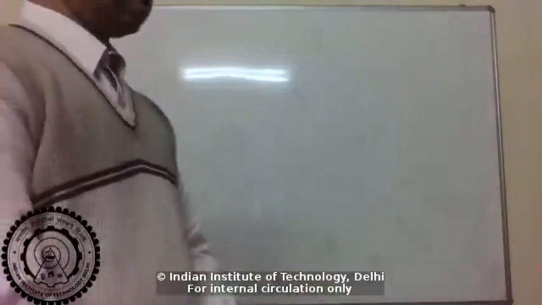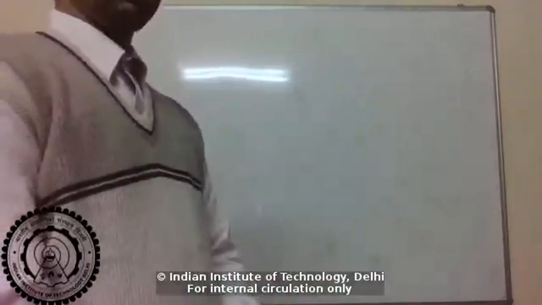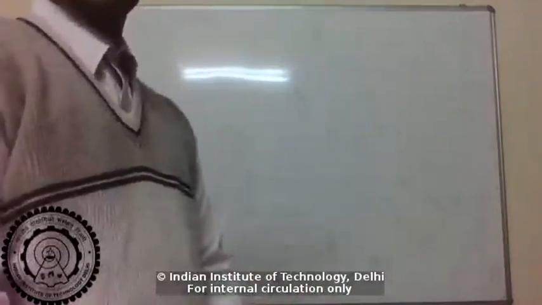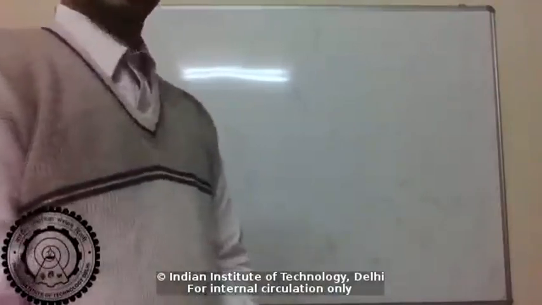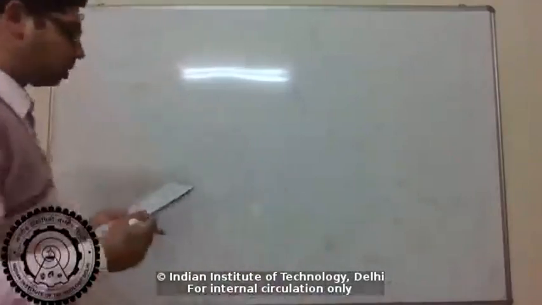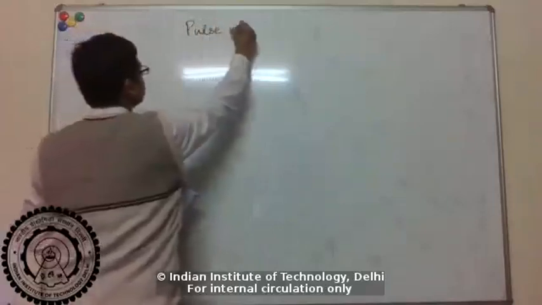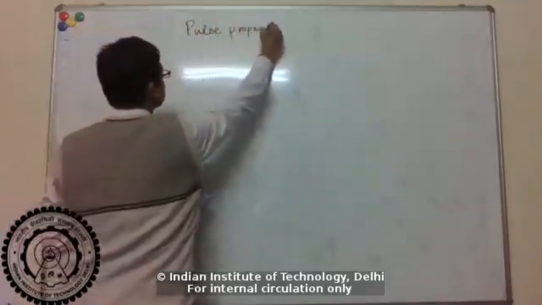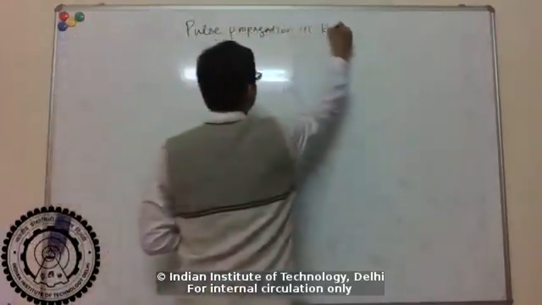So if such a field is propagating in a nonlinear medium, specifically a chi3 Kerr medium, how do we analyze such a case? That's what we'll look at today. So the topic is pulse propagation in a Kerr nonlinear medium.